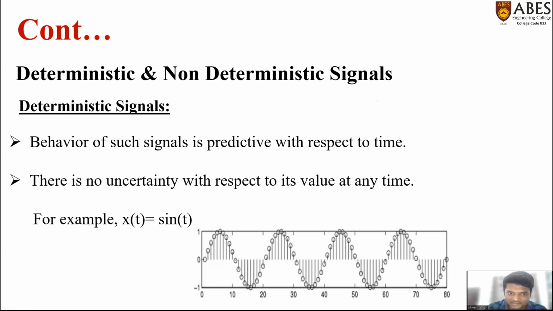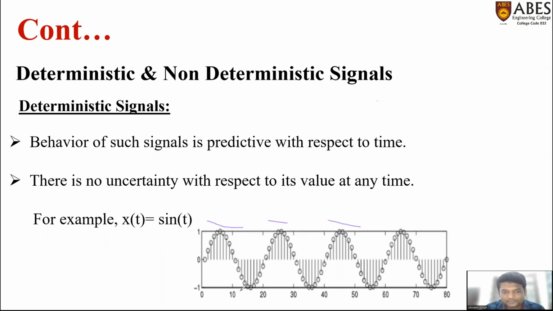See here, it is defined. If you see the diagram, let me denote it. Then you will see here, just a second, the sinusoidal waveform. As I told you, this is a sinusoidal waveform.